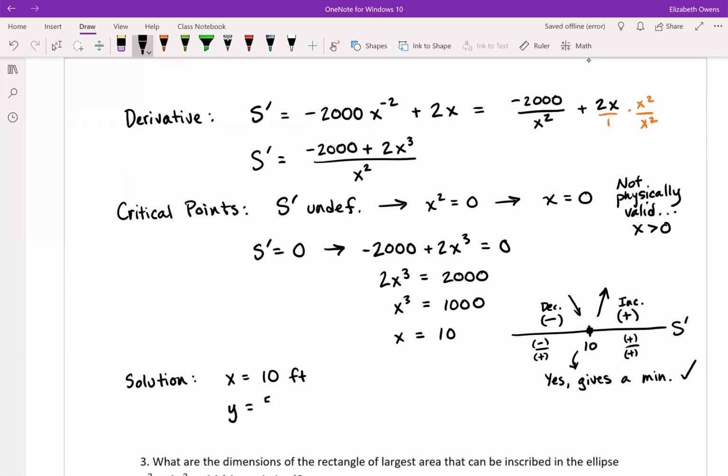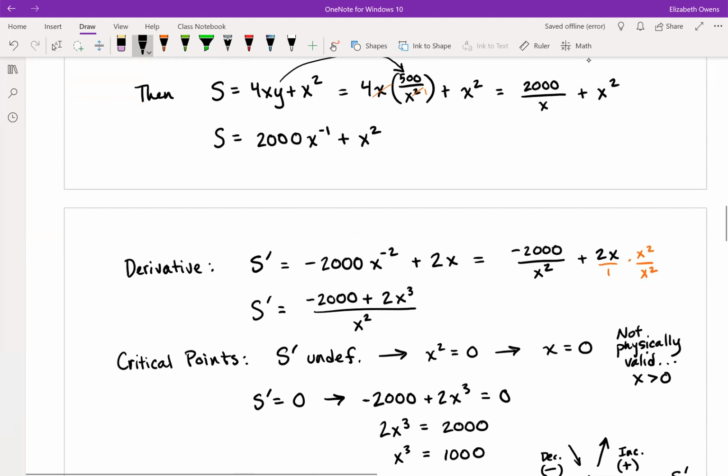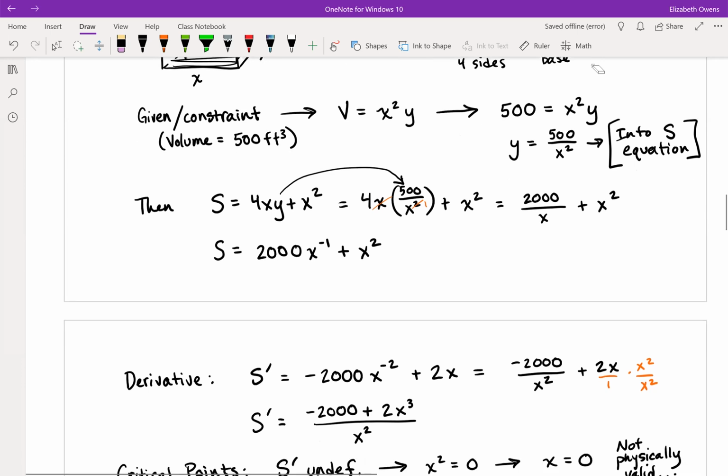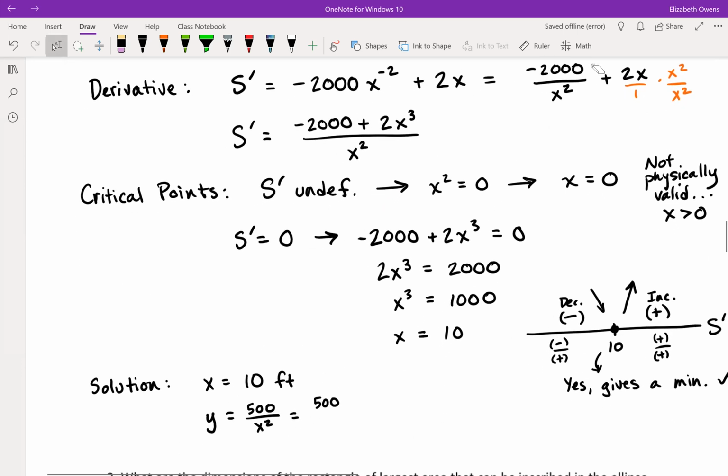Remember that 500 is actually coming from the volume of our tank. So units wise, that volume is 500 feet cubed. So you can put that in if you're keeping track of your units here.